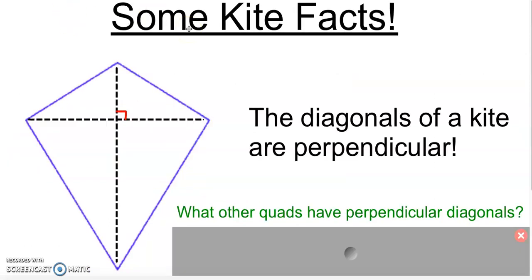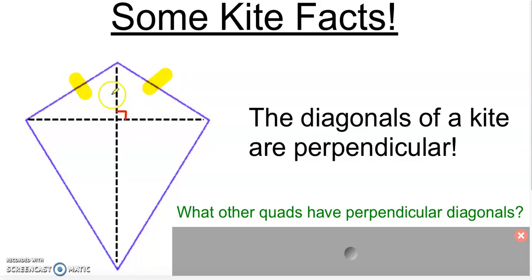So let's talk about some kite facts. First of all, the diagonals of a kite are perpendicular. So that creates 4 triangles inside of a kite, and those are all right triangles. These two triangles here are congruent to each other, and these two triangles down here are congruent to each other, because you'd have two consecutive congruent sides here.